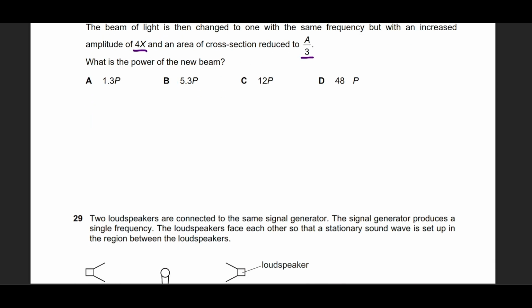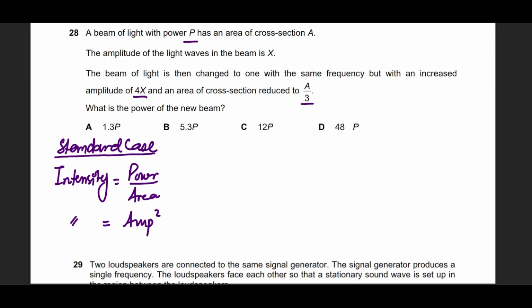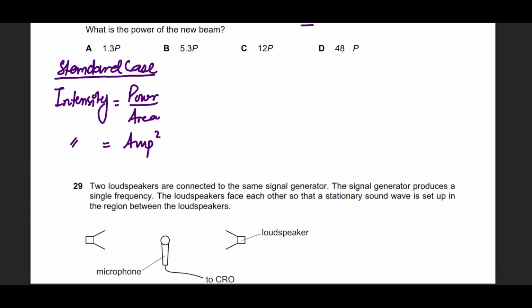So let's first write down the standard case, or the original case. The intensity is equal to power divided by area. Intensity is also equal to amplitude squared. In this case, the amplitude is X. So let's equate both of them.